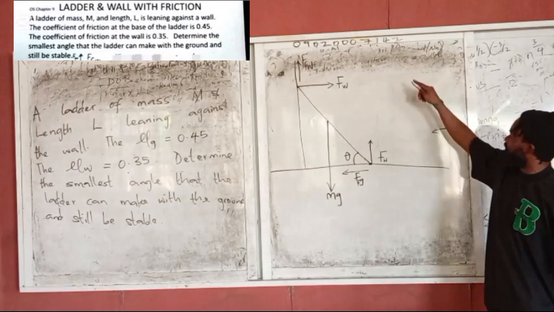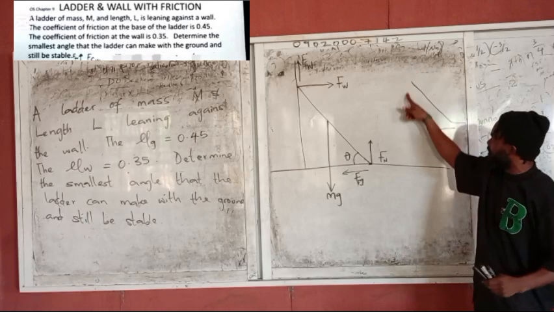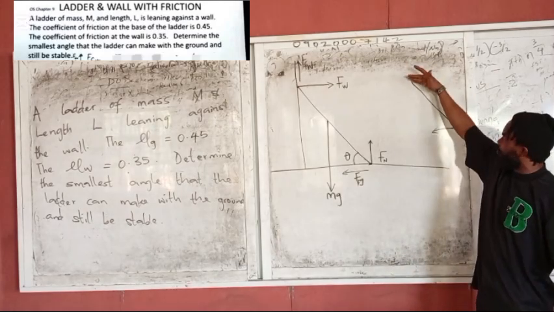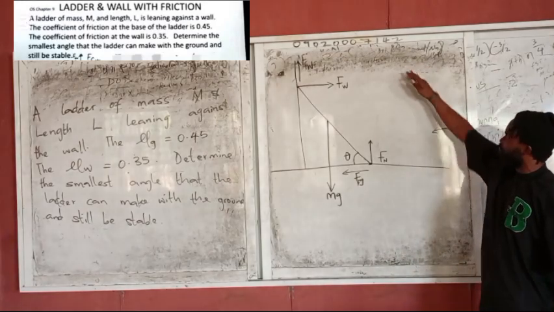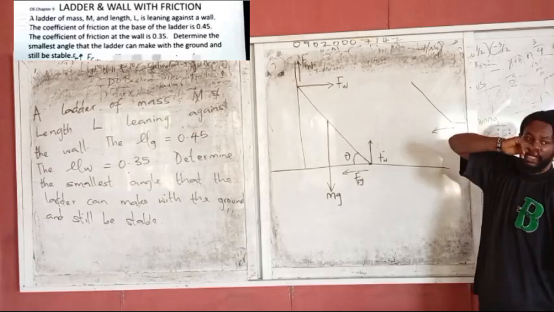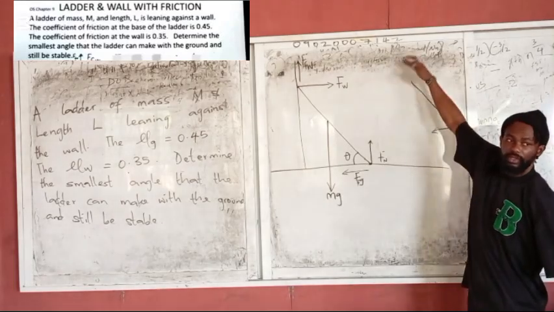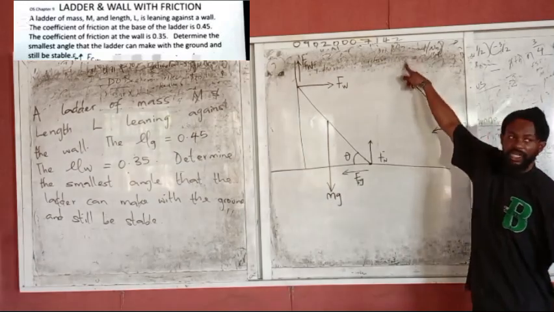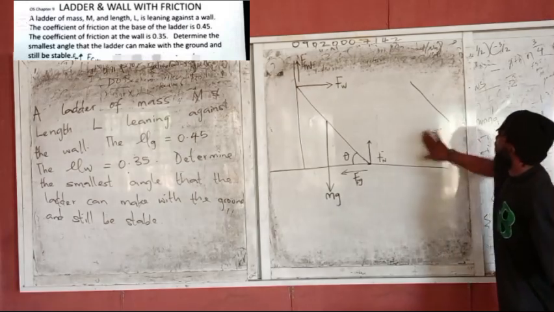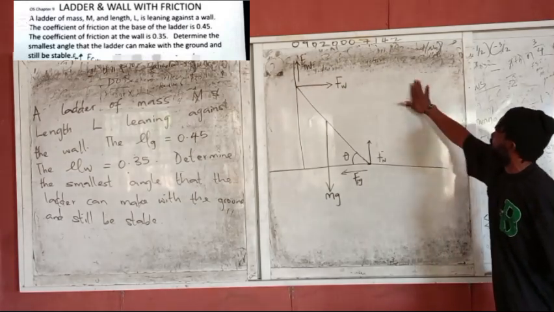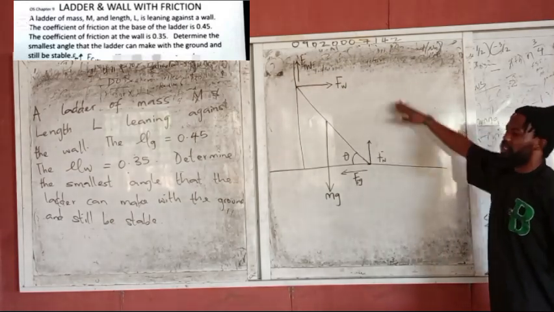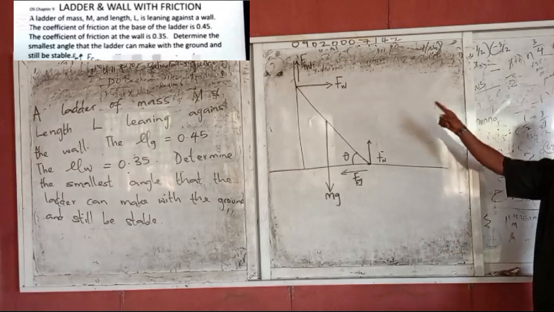Now, when they tell you that the wall side is frictionless, it simply means that any opportunity it gets, because of the angle, it will just slide. But when they say it's frictional, no matter what you do, it's not sliding, which means there's a frictional force acting. So whenever you are given this kind of linear ladder question, you now have two things at hand. When it's frictional, you are looking at this diagram.